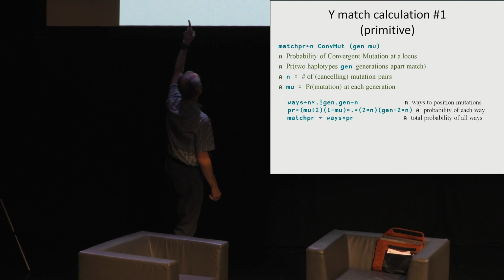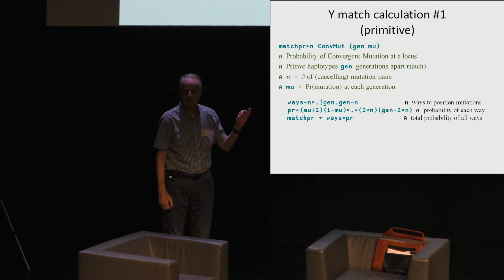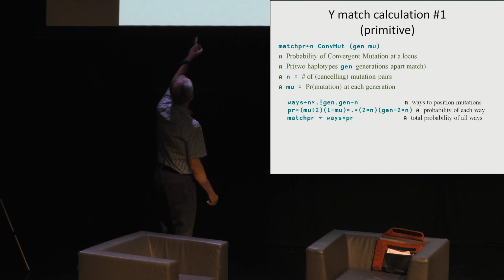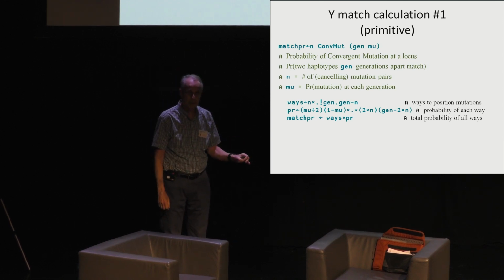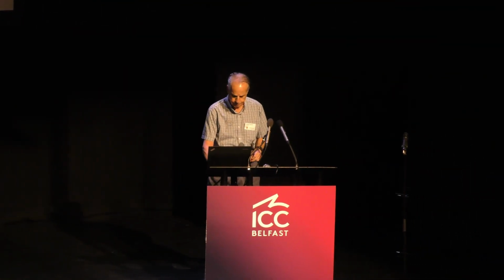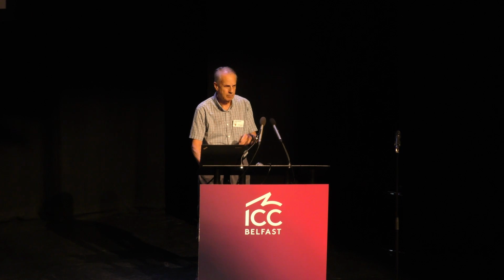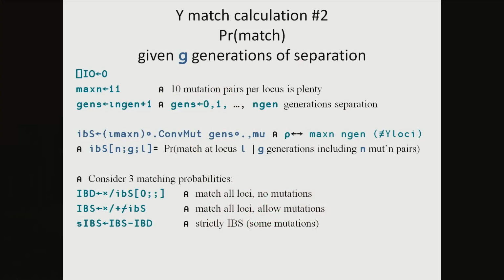We consider n shriek gen is the number of ways that selects the +1 mutations, and n shriek (gen minus n) selects the positions for the compensating -1 mutations, and then you multiply them together, and Bob's your uncle. Don't have time to tell you who Bob was. Okay, it was the liberal Prime Minister Robert Asquith.